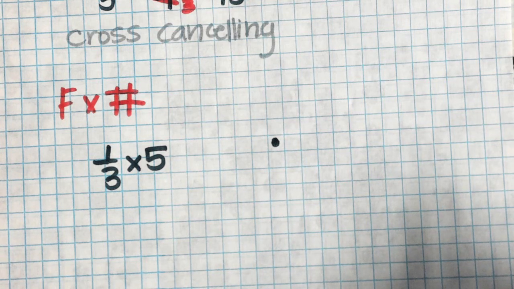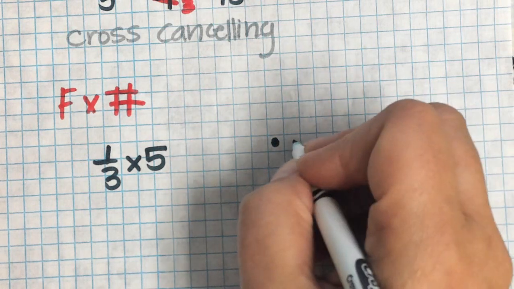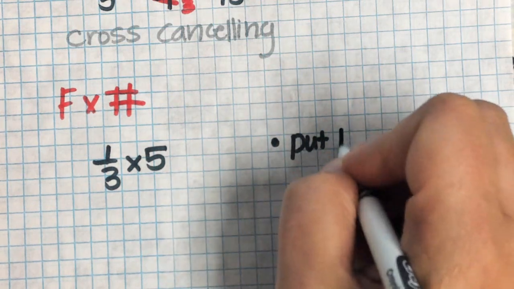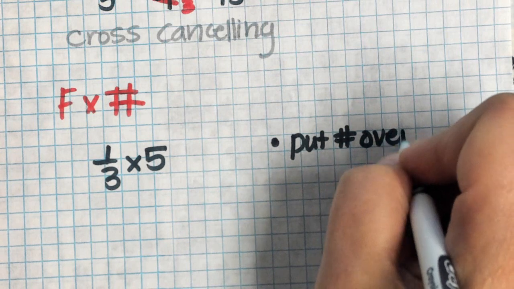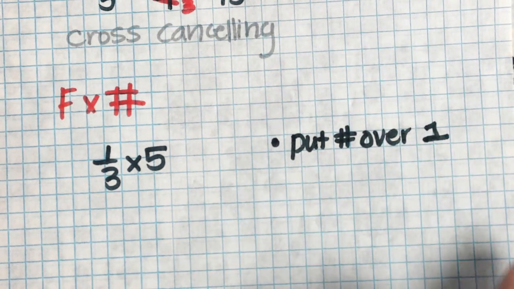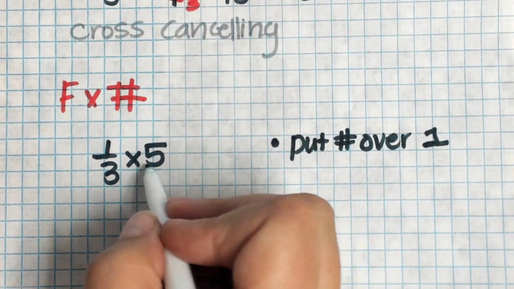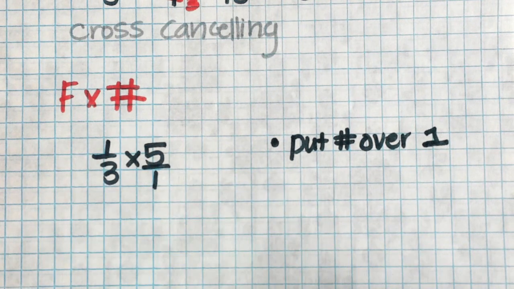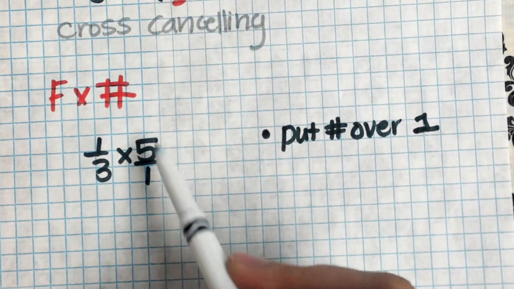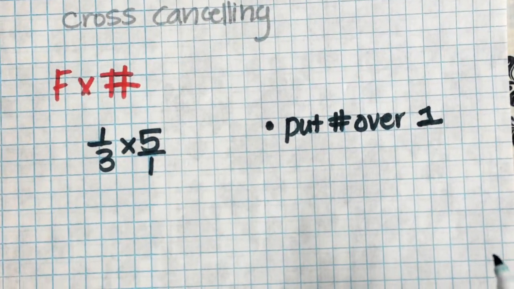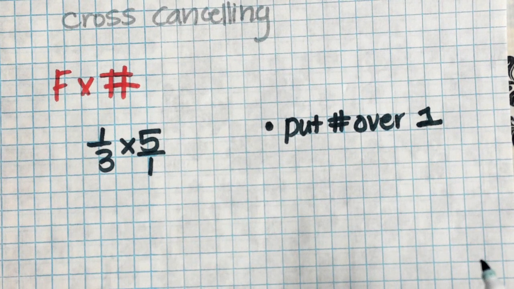So what's my denominator going to be? 1. Okay? So I'm going to put my whole number over 1. And the reason that I always put it over 1, remember, fractions are another way to show division. What is 5 divided by 1? 5. Okay? So it stays the same. Any whole number over 1 keeps its value.